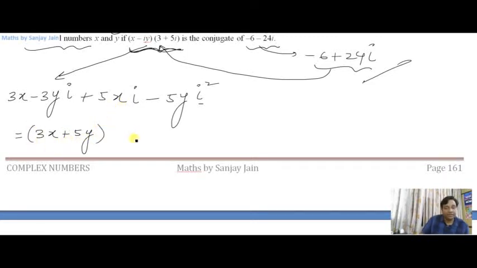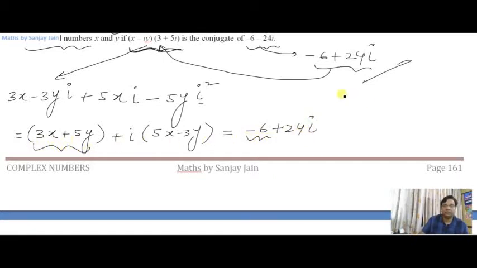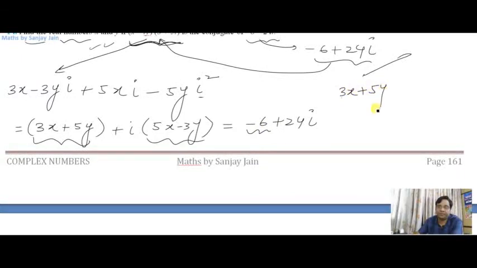And if I take iota outside, I can write it as 5x minus 3y, and it is equal to minus 6 plus 24 iota. Now you only have to equate this with this, so it will give you 3x plus 5y equal to minus 6, and 5x minus 3y equal to 24. Now I just need to solve these linear equations.